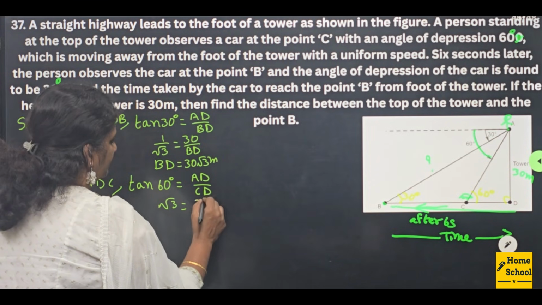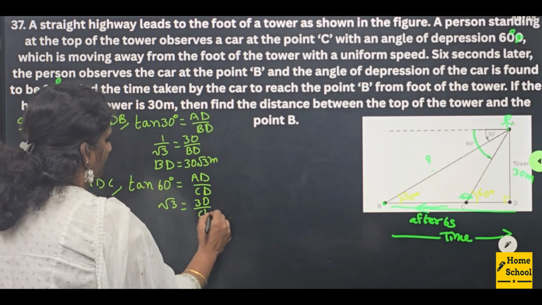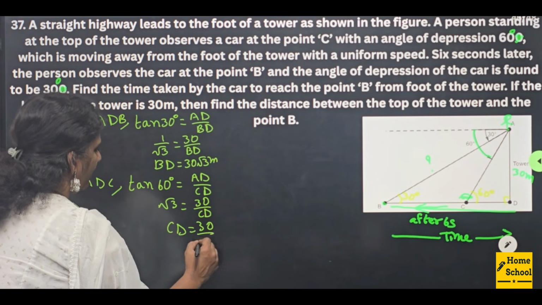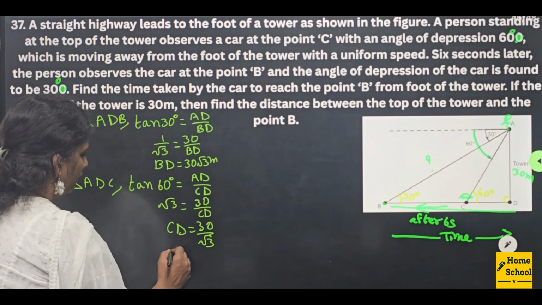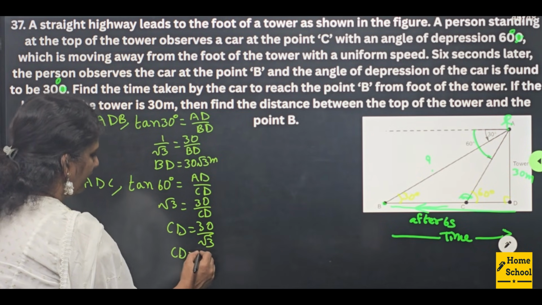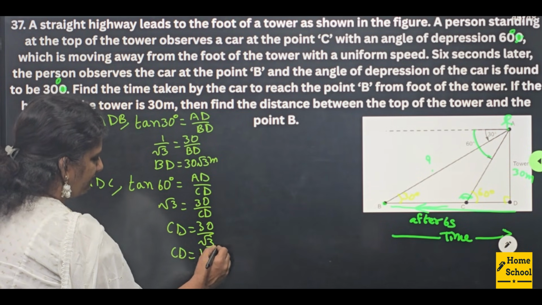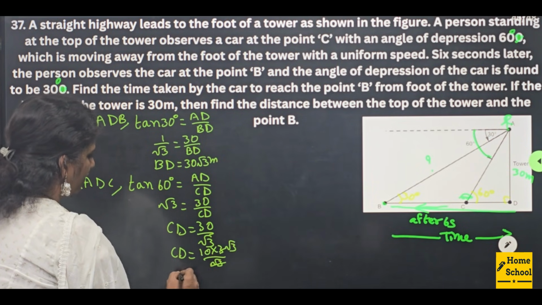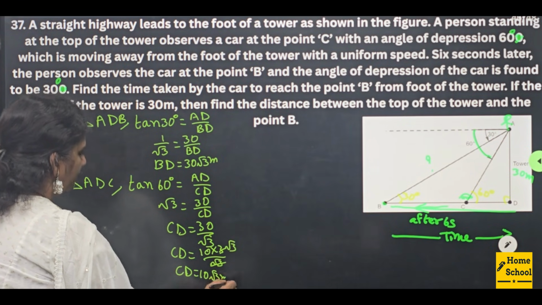AD value is 30, CD we don't know. Therefore, CD is equal to 30 by root 3. If you want you can cancel, by writing 30 as 10 threes, root 3 times. Therefore, CD is equal to 10 root 3 meters.